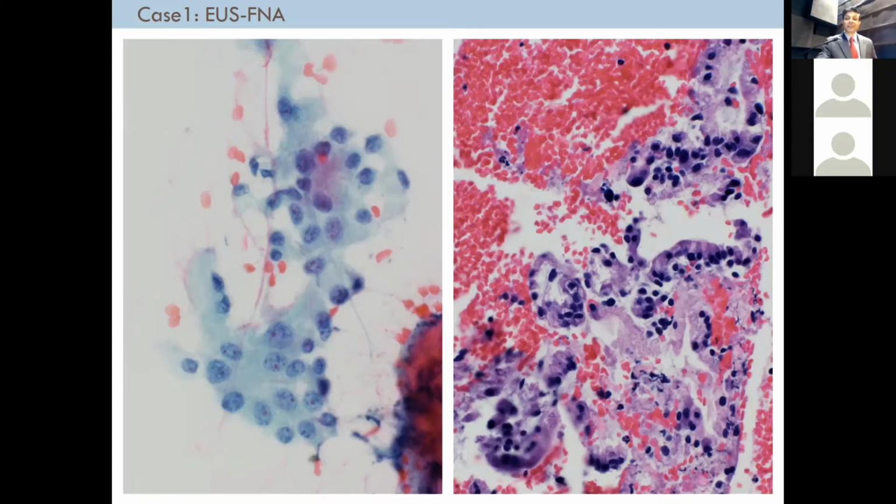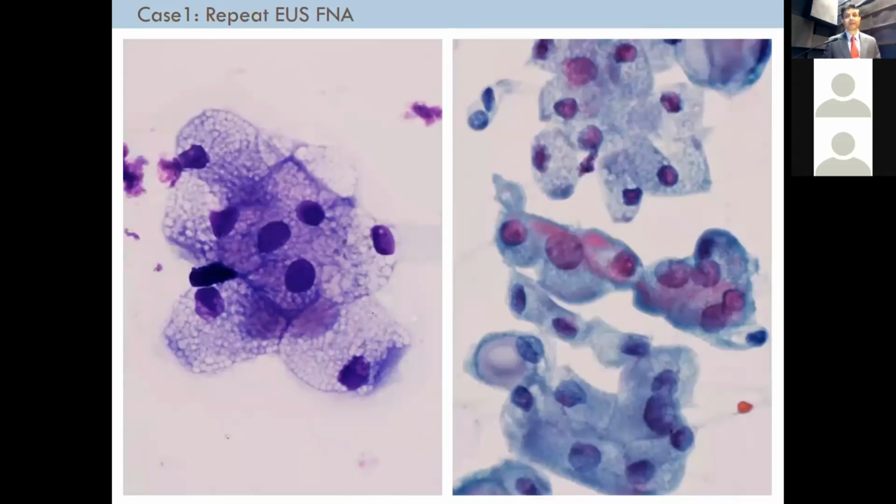They looked a bit atypical, but not striking, not enough for us to just call it malignant. So based on those overall features, we ended up calling this suspicious. But our clinical team wanted a more definitive answer to initiate the treatment. So they requested the procedure to be repeated.